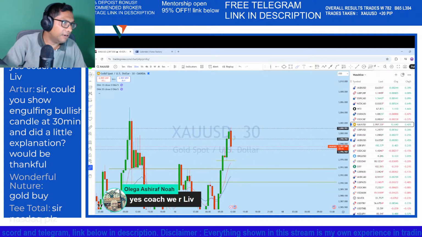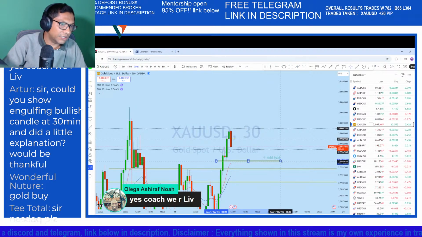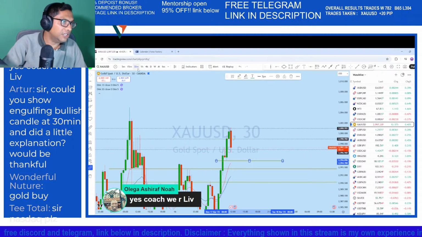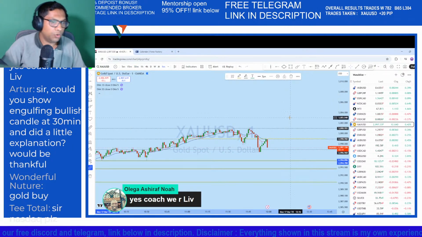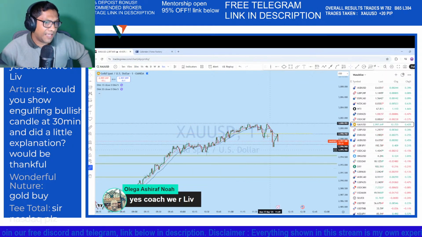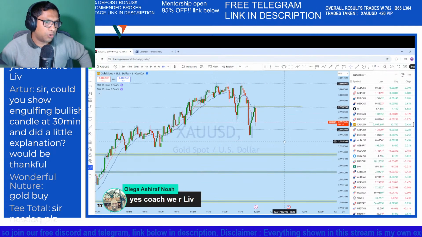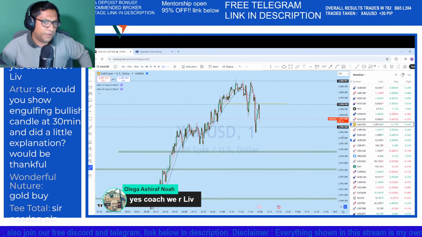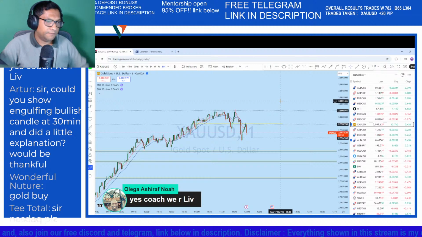And this support here on the 30 minutes, we can also see there is strong liquidity in that area. So we would like to see the market test that important support, and then we will be entering that trade.